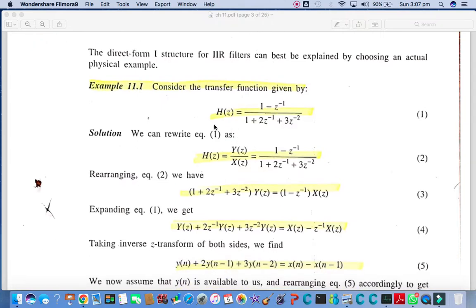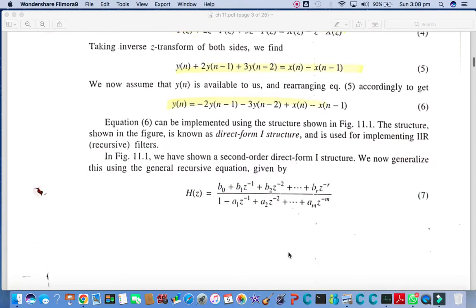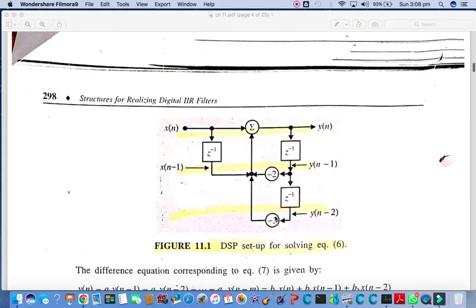Normally we are given a transfer function in terms of H(z) for the realization of the digital IIR filter. We have to follow these steps to transform it into an equation in the discrete time domain, and we can transform that equation into this kind of logical diagram, which is called the realization of the digital IIR filter.